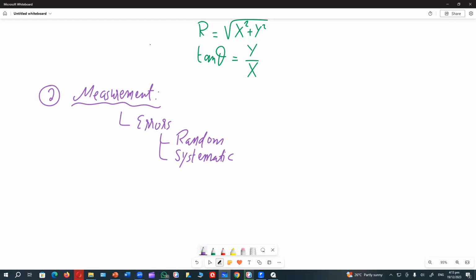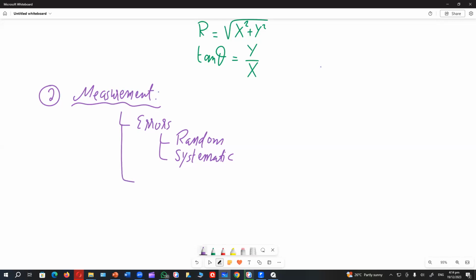So these are the errors which are fixed, for example your watch is 5 minutes ahead. So whenever you read the watch, you will always get an answer which is 5 minutes more. So this is called systematic error. Systematic errors are fixed.